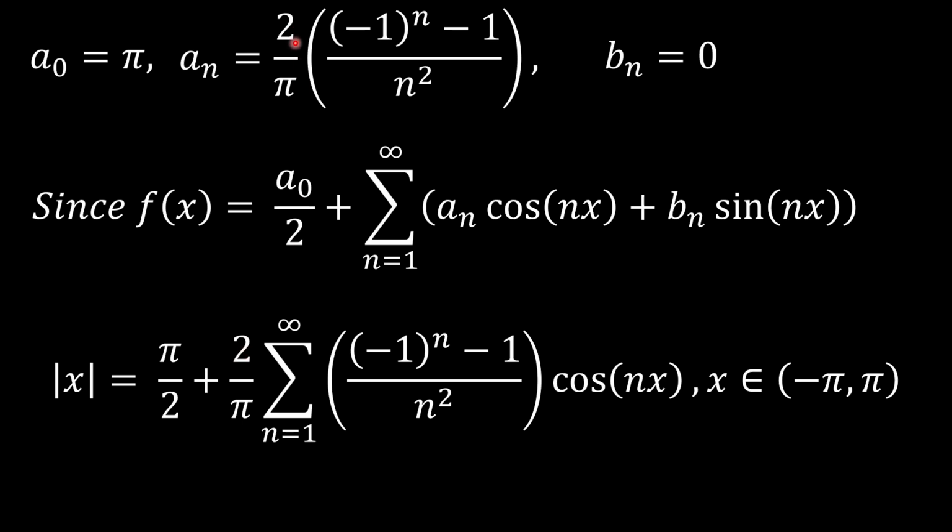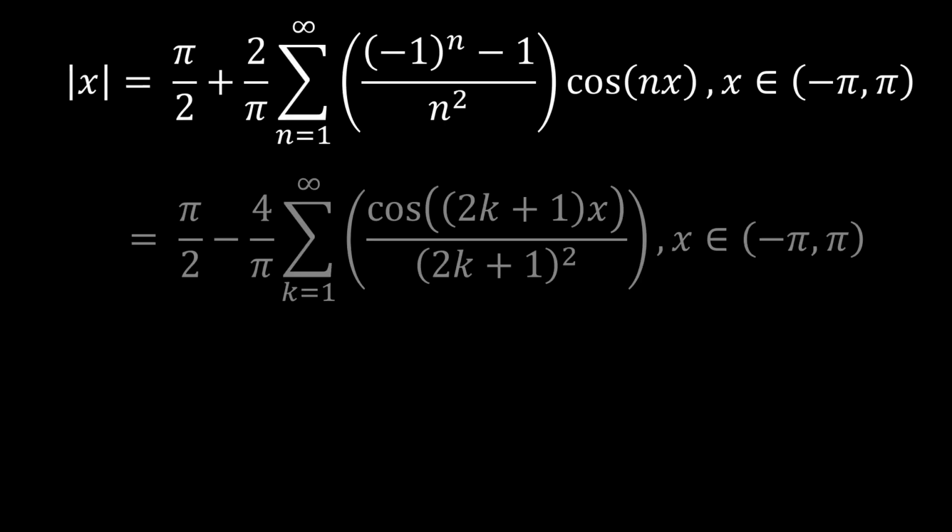We have kept this constant in because it depends on n, so negative 1 to the power n minus 1 over n squared times cosine nx. But we said we wanted to look at it when n is even, then this reduces to 0.